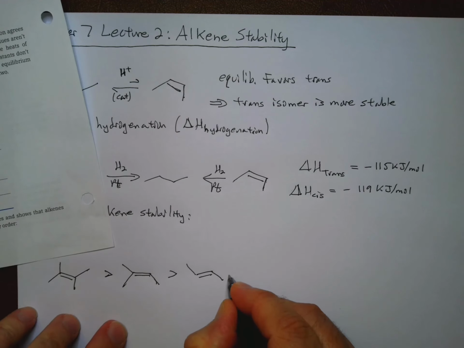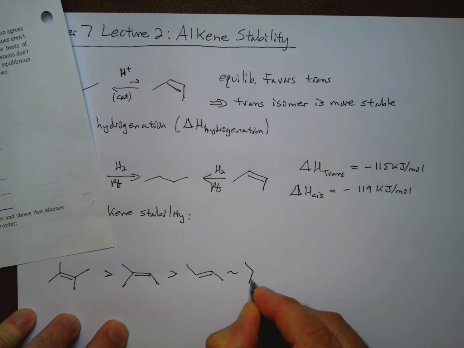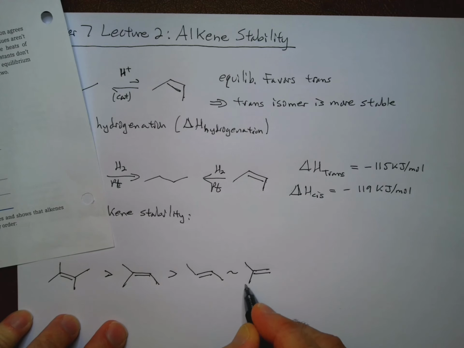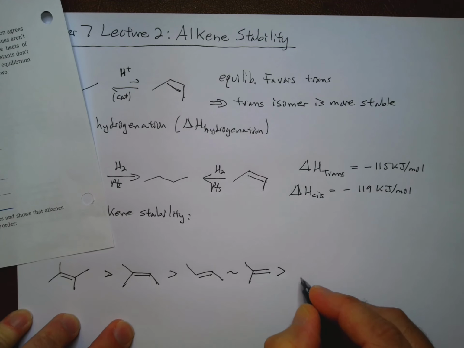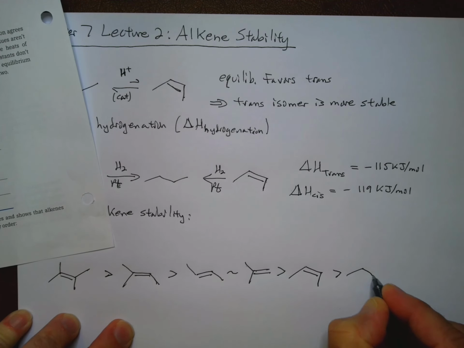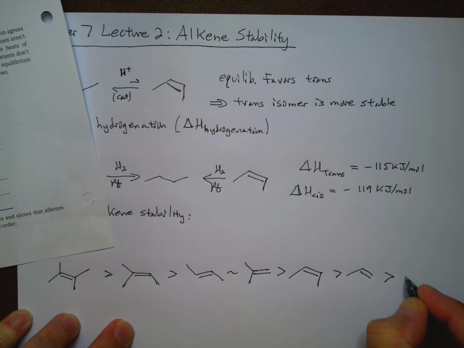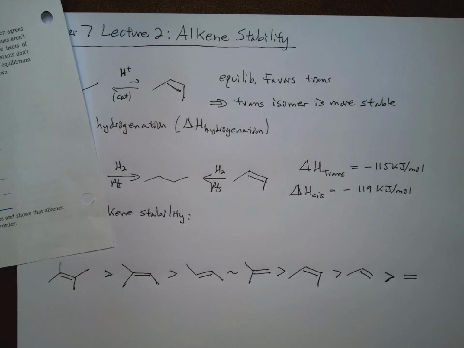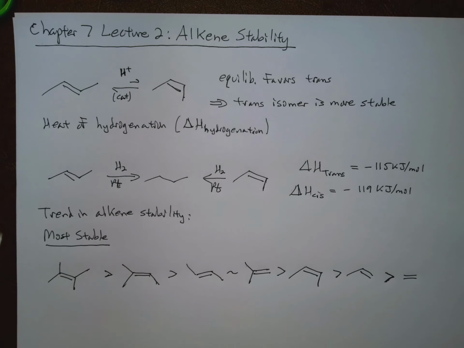But trans is actually about as stable as what we call geminal, that is, we've got 2 substituents on the same carbon. So those guys are about the same. And that is more stable than the cis, which is more stable than monosubstituted, which is more stable than the unsubstituted ethylene there. So the more substituents, the more stable.